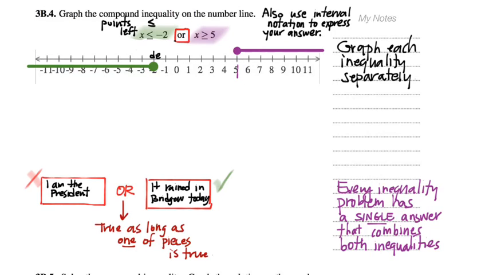For an "or", it's true as long as one of the pieces is true. So this statement is true. But for an "and", I would be saying, hey, I'm the president and it rained in Bridgewater today.